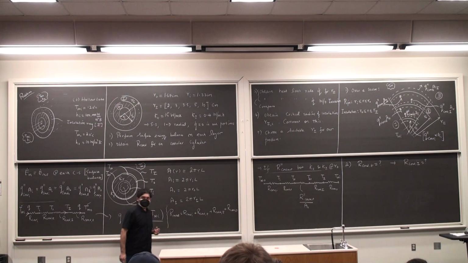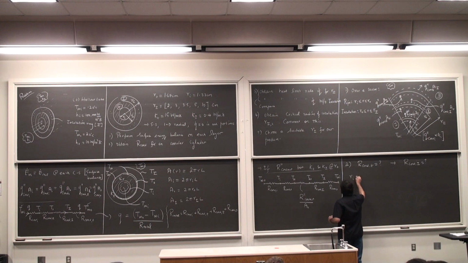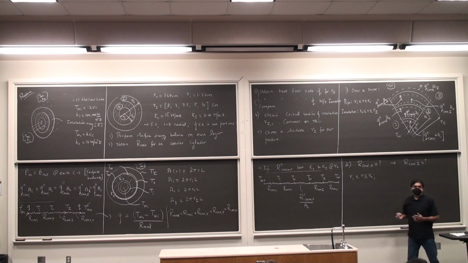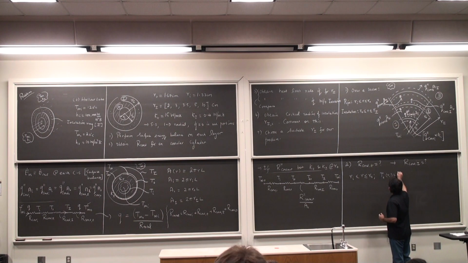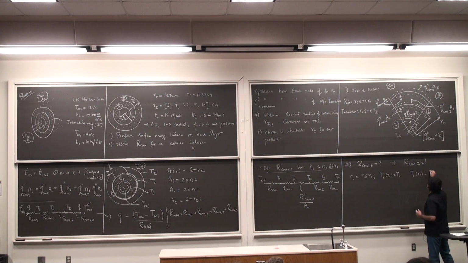I start off with the inner shell, so between Ri and R0 with the following boundary conditions. T at Ri is Ti, T at R0 is T0. Let's say that these are given to me, these are things that I know.